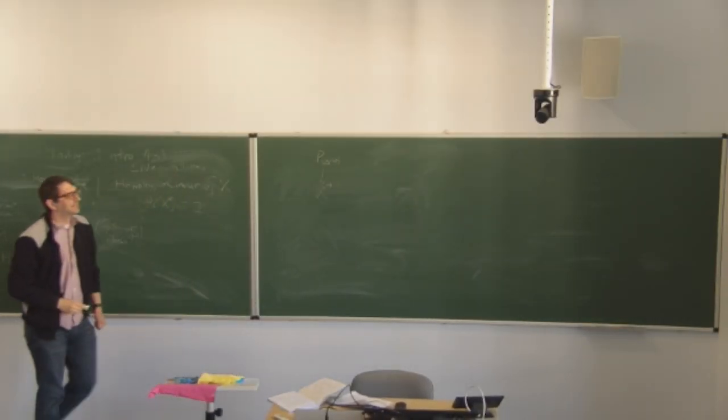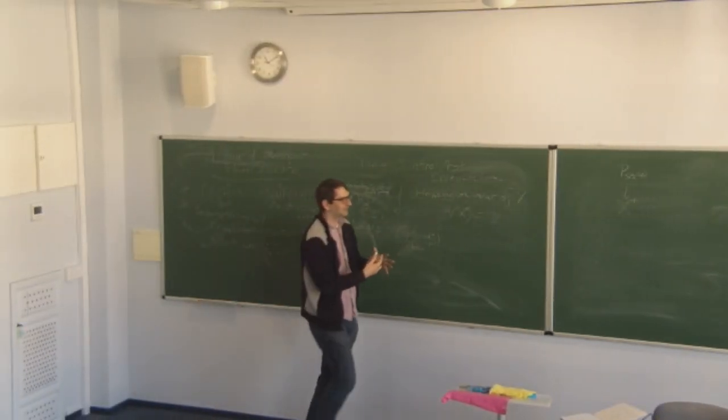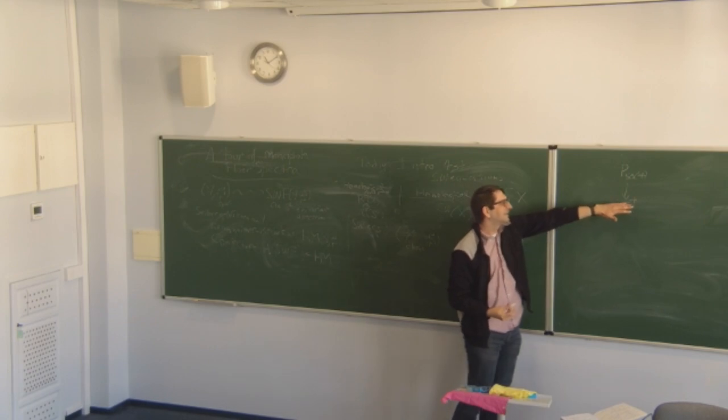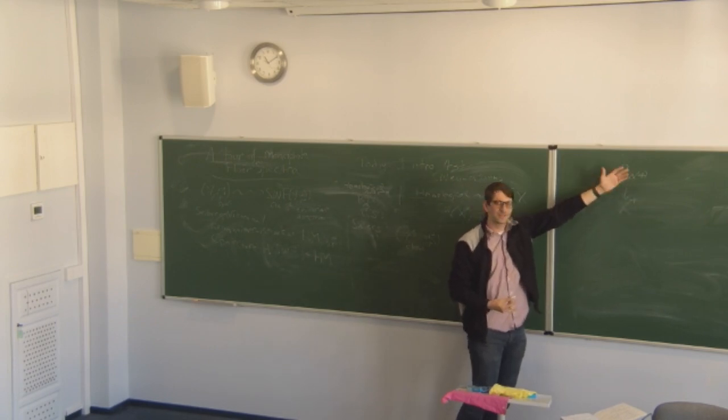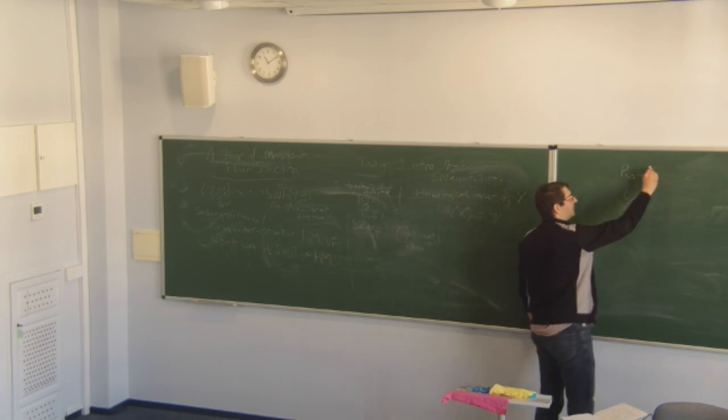Well, in the beginning you have your nice smooth four-manifold, and associated to it you have a tangent bundle. But you could think of the tangent bundle as being the bundle of frames over your four-manifold.